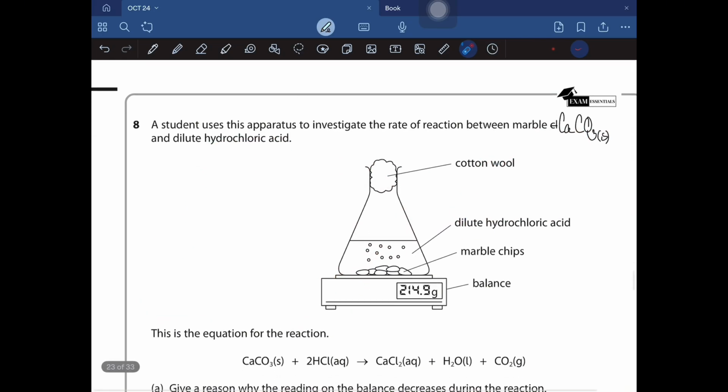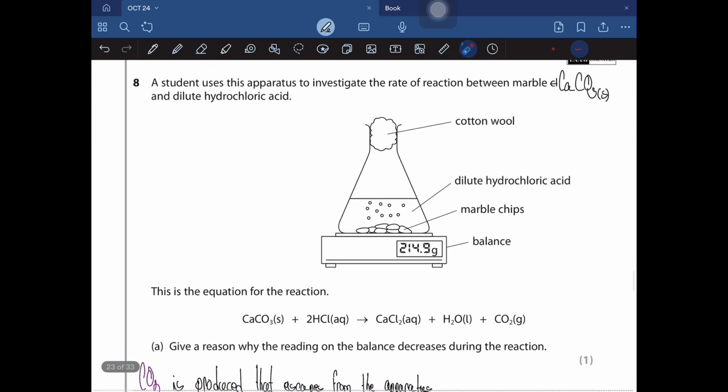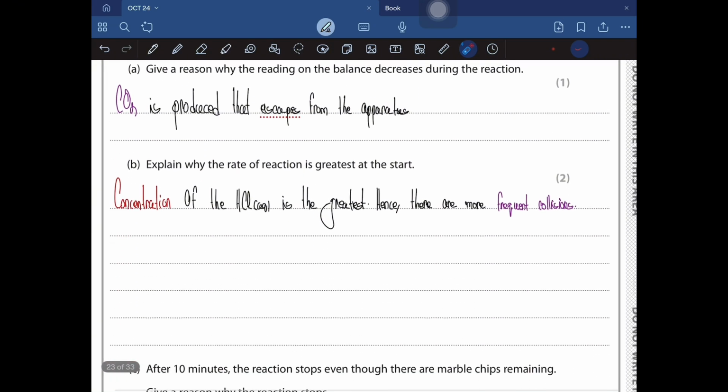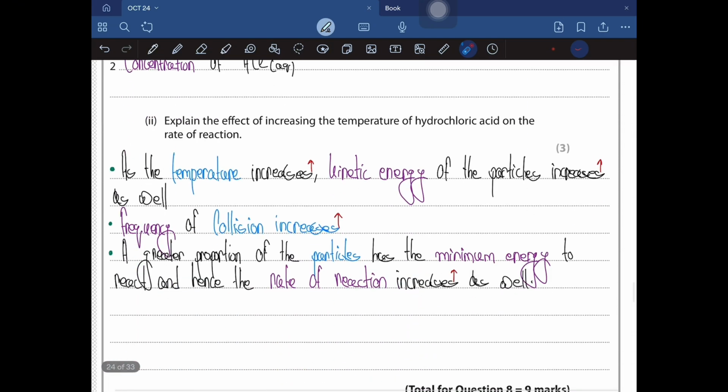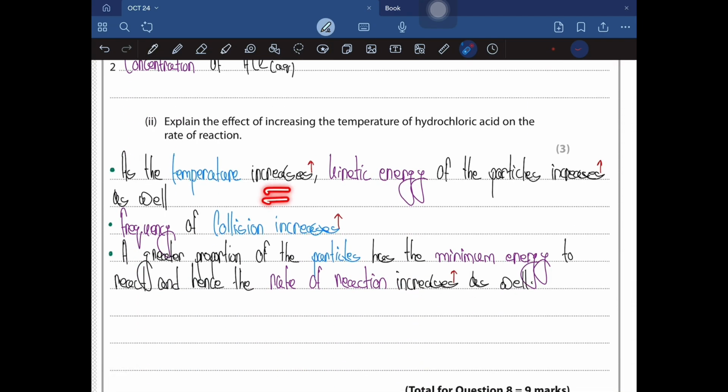So yeah, and hence the rate of reaction increases as well. So that is what I have written over here. As temperature increases, kinetic energy of the particles increases as well, frequency of collisions increases, and a greater proportion of the particles has the minimum energy to react, and hence the rate of reaction increases as well.